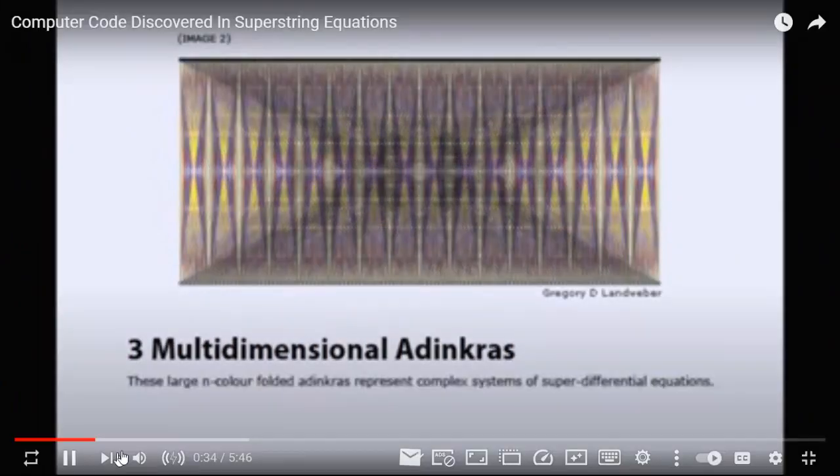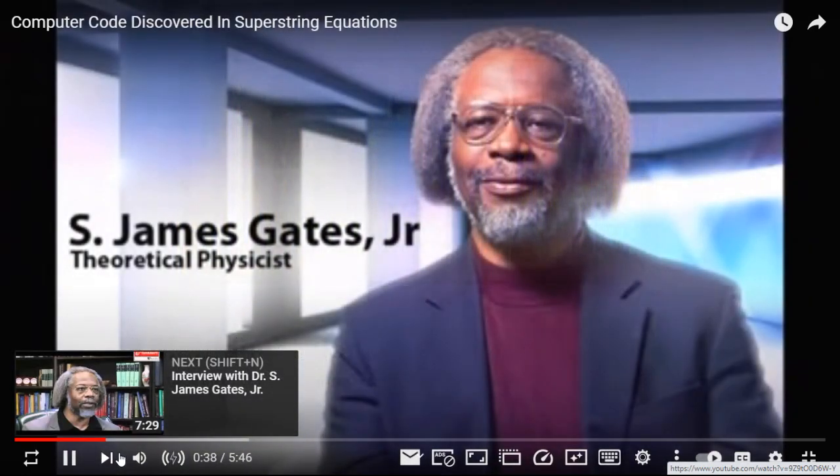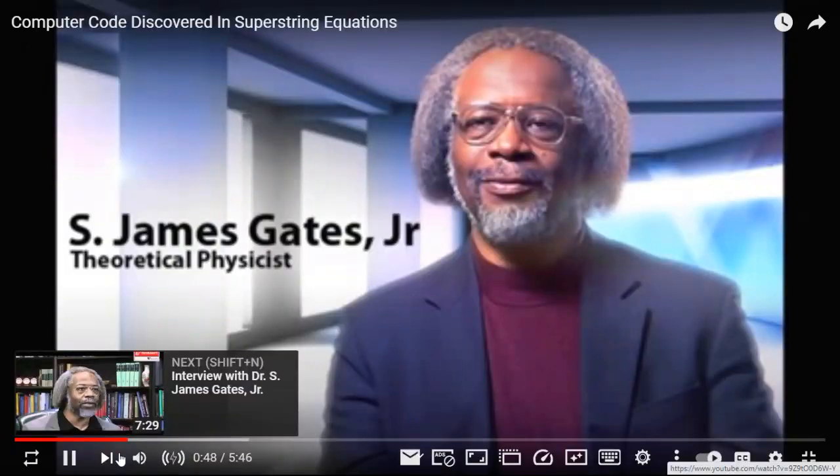Okay? You're saying your attempt to understand the fundamental operations of nature leads you to a set of equations that are indistinguishable from the equations that drive search engines and browsers on computers when you go surf the web. That is correct.